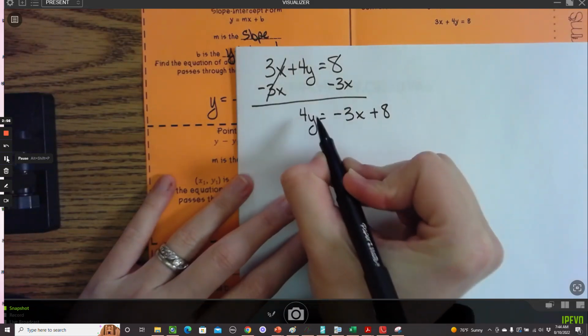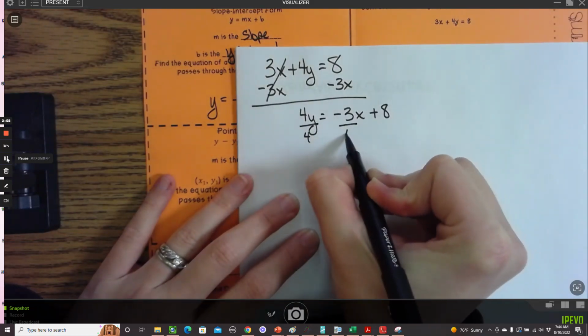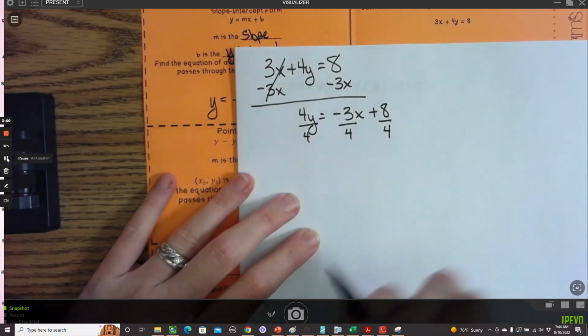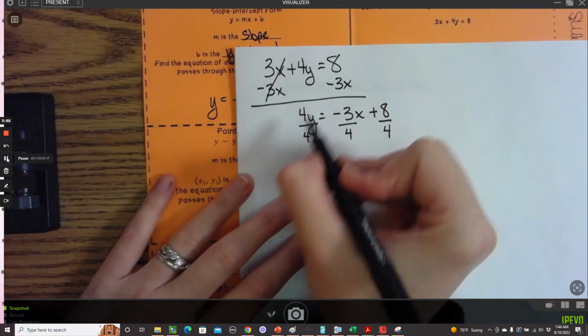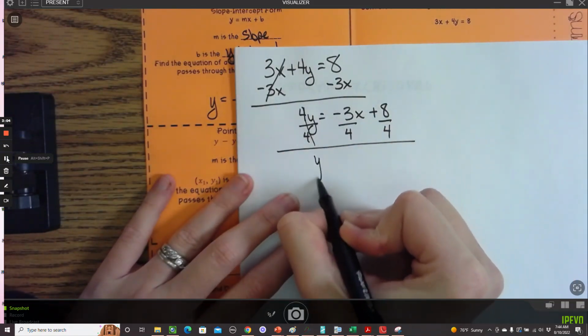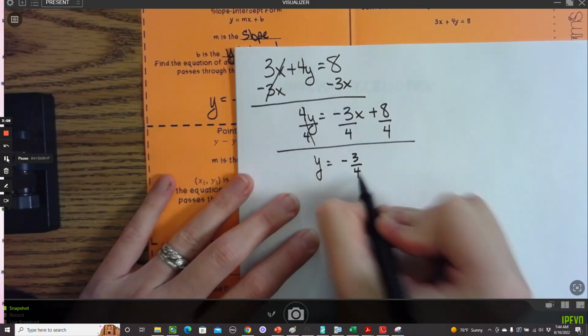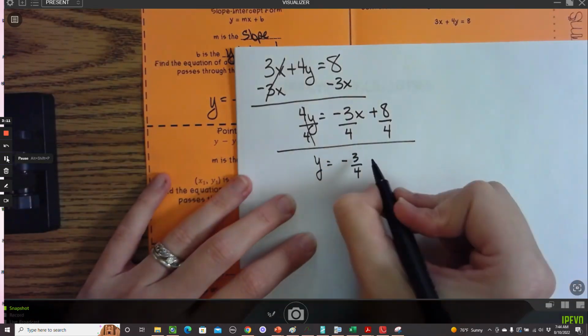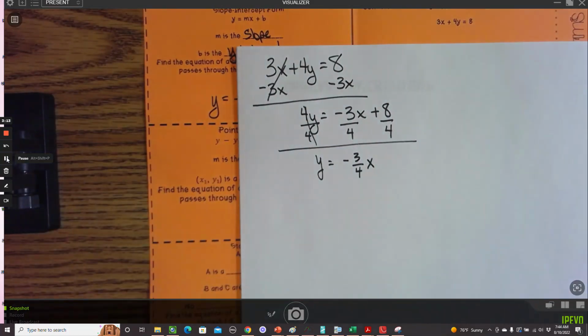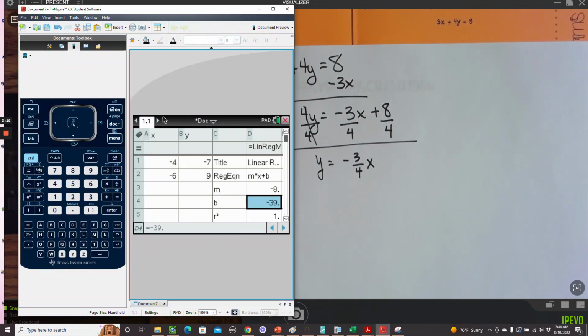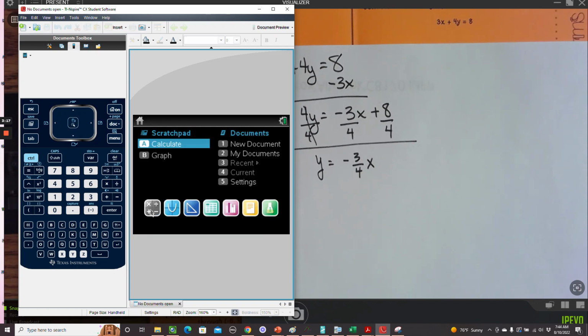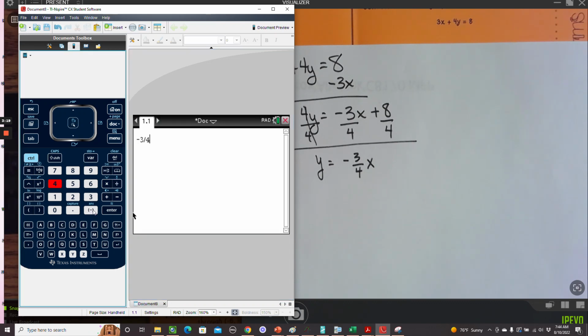All right, to get the 4 away from the y, we divide everything by 4. So these 4's are going to cancel. Here, -3/4, that will not simplify. Always check if you're not sure. One way that you can check in your calculator, make it a division problem. -3 divided by 4 stays the same, doesn't change.